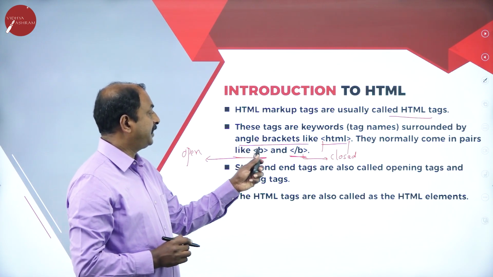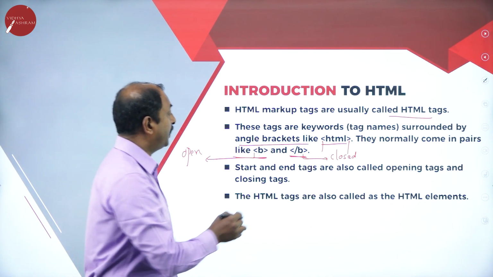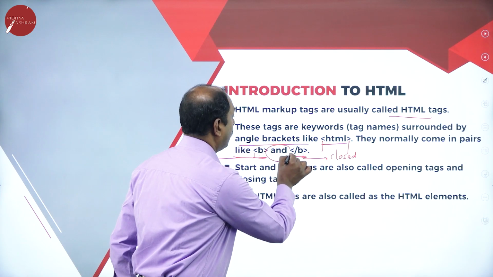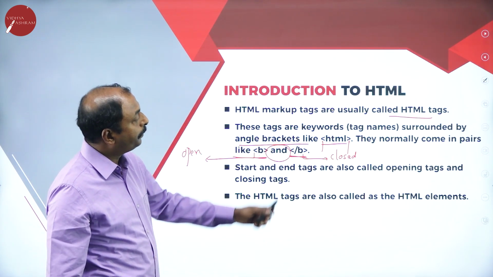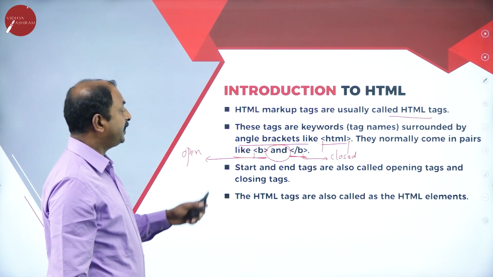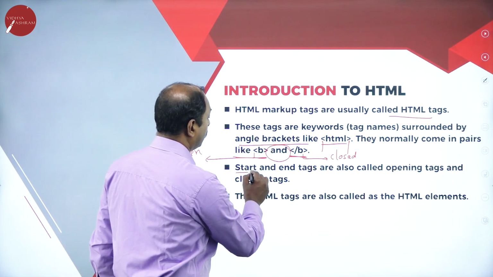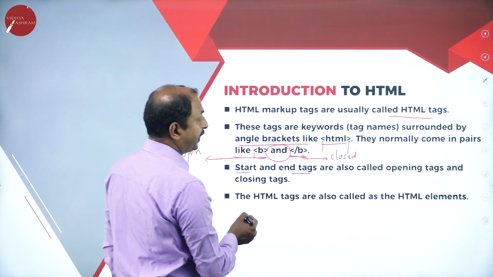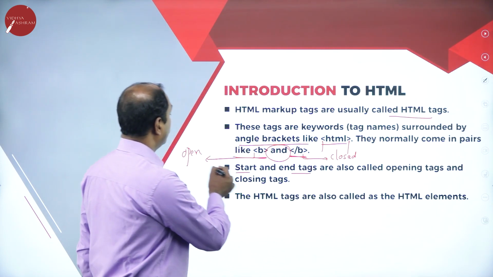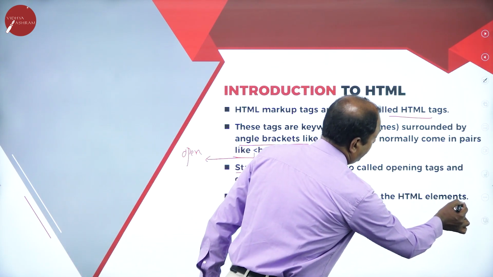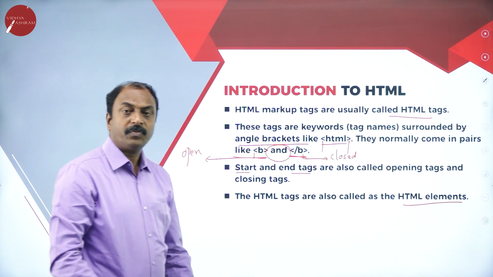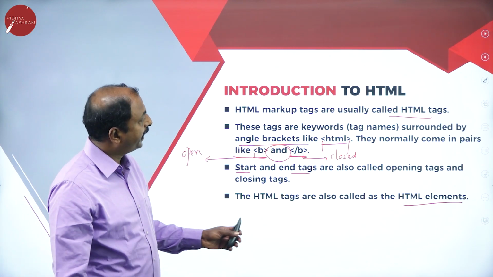The HTML tags are written, and the document or information goes inside these two tags. So these are called paired tags. And here start and end tags are also called opening tags as well as closing tags. And the HTML tags are also called HTML elements. So another name for tags is HTML elements.